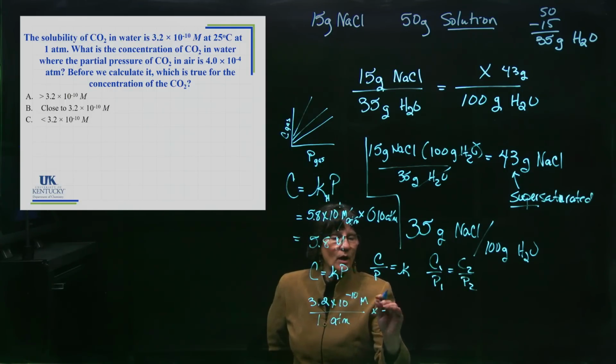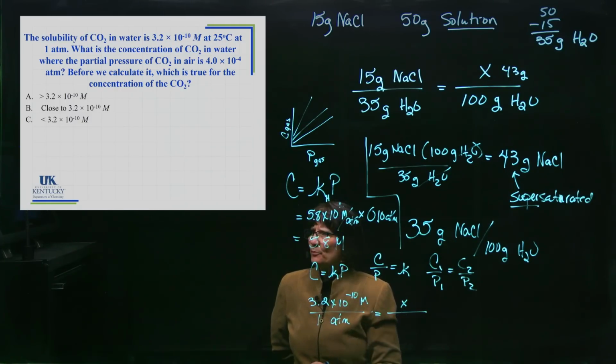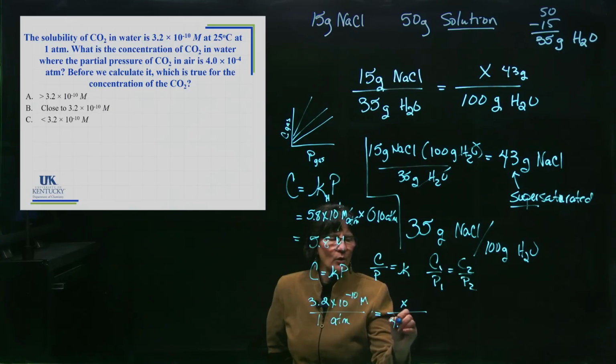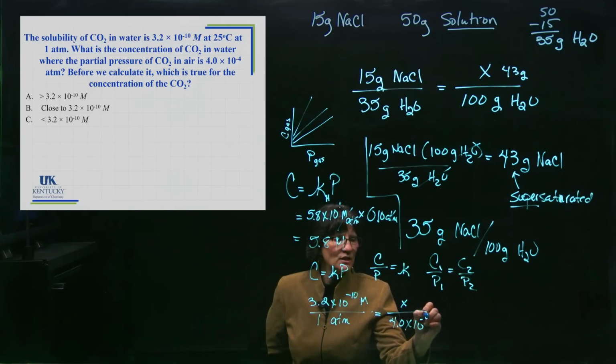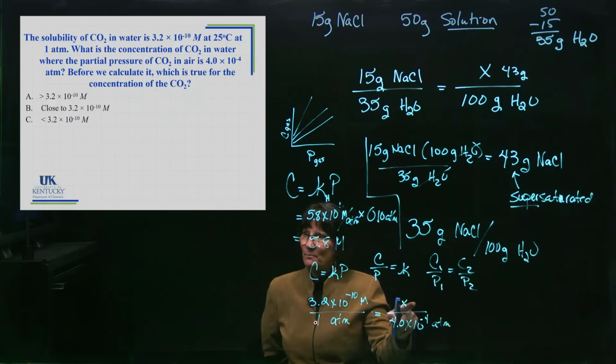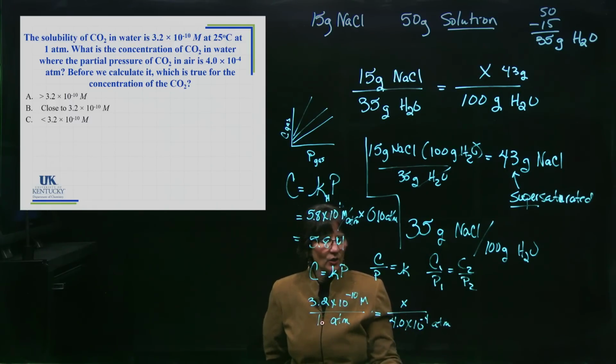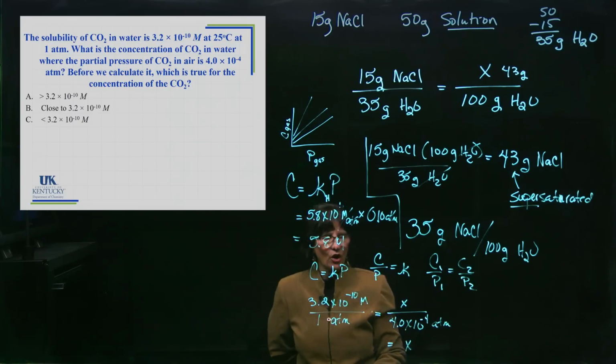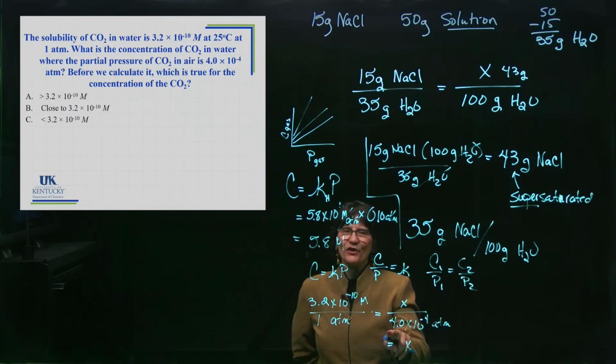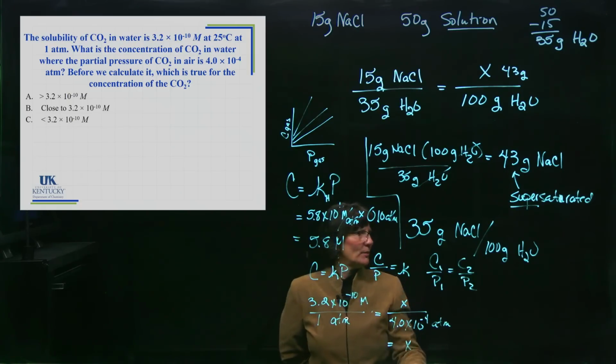What we want to know is what would be the concentration if the pressure were 4.0 times 10 to the minus 4 atmospheres. Since this is much lower, this will be much lower in order to give that value. So when we solve for x, we will know how much will dissolve at normal atmospheric conditions of carbon dioxide.